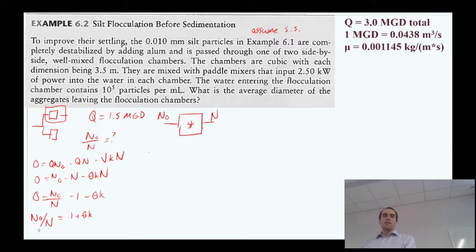So that leaves us with a couple things. First of all, what's theta in order to solve this? And then more complicated, what is K? So we'll start with theta. That's V over Q. So if we take our system here, that's going to be 3.5 meters on every dimension, and we need to cube that.